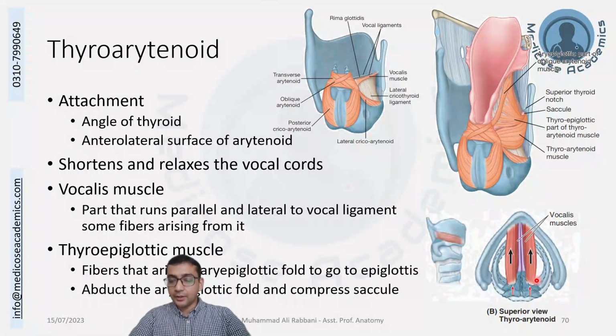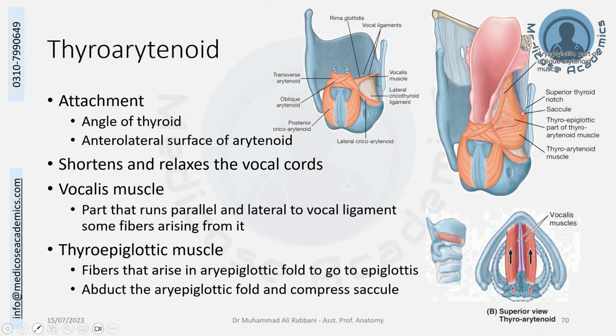Then we are left with thyroarytenoid. It starts from the thyroid cartilage and inserts on the arytenoid cartilage, so it is basically reducing the distance between the two. Here it is shown, running roughly parallel to the cricovocal ligament, the cricovocal membrane. The uppermost part of this thyroarytenoid muscle is known as the vocalis muscle. It runs between the thyroid cartilage in front and the arytenoid cartilage in the back.